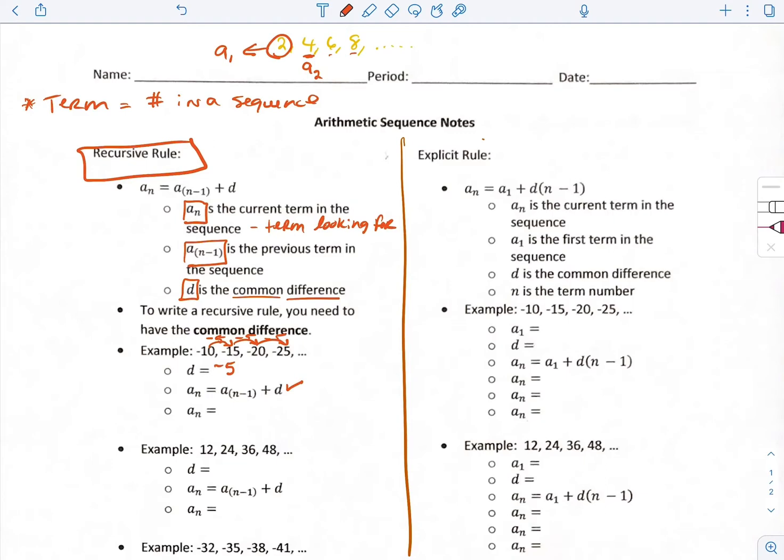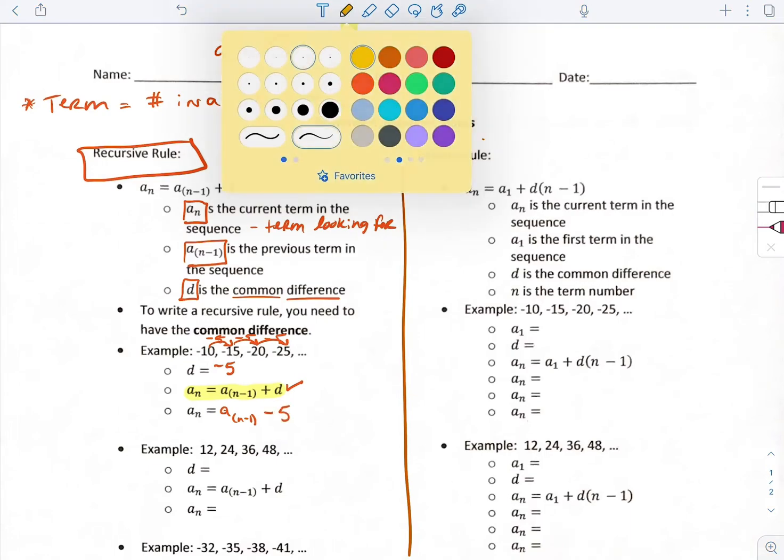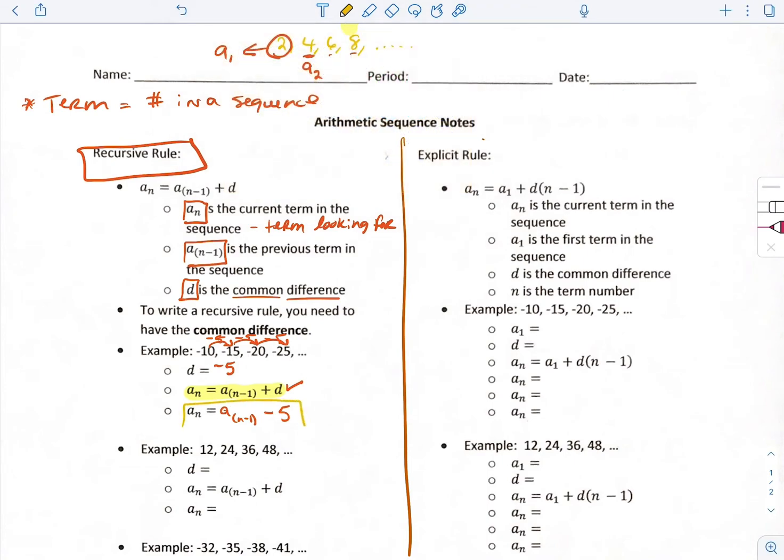We'll always be given the rule. And now we're just going to fill in our common difference. So we write A sub n minus 1 just as we see it, and then we can say plus negative 5 or minus 5. And we've got our answer here. This is the recursive rule for this pattern.